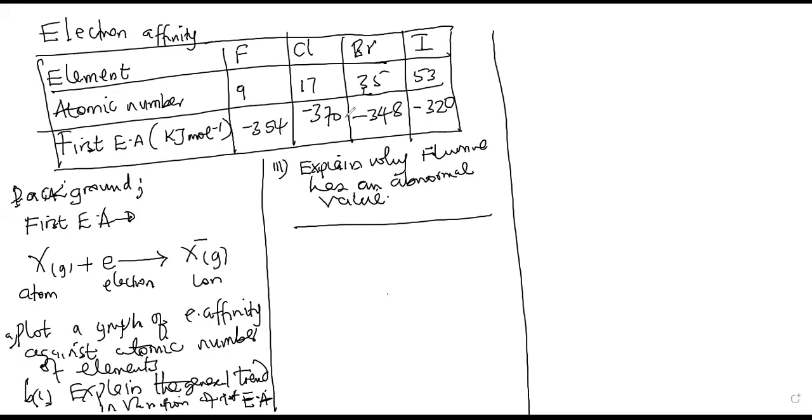So since all of them are negative, there is no need of me showing these negative signs. They may be eliminated, or you can put them, depending on how easy you need to plot. But all of them being negative, I may not need to show them.